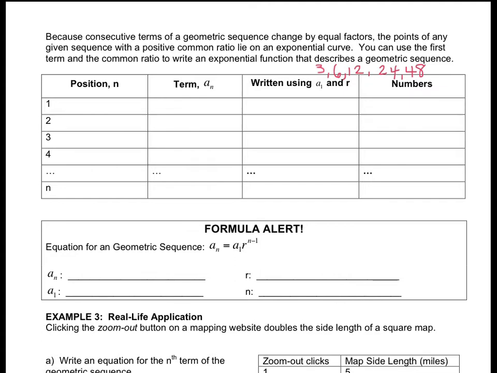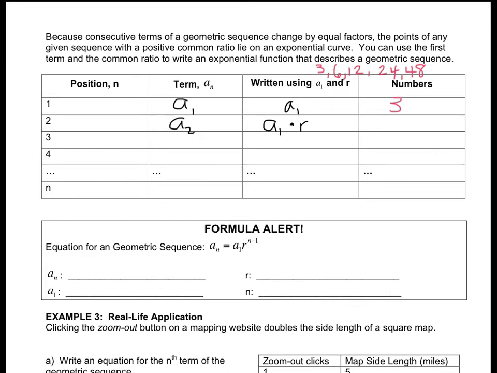All right, so first position, remember we call that A sub 1, and written using A sub 1 and R, well, there's no R yet, because I'm just talking about A sub 1, and in the numbers case, that would be 3. Position 2 is A sub 2. That would be A sub 1 times the ratio.